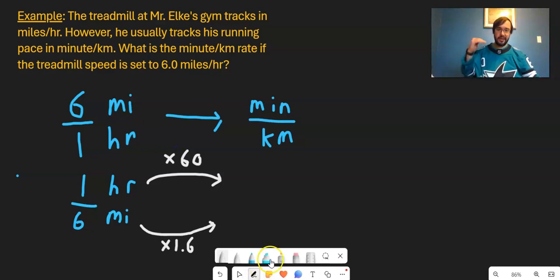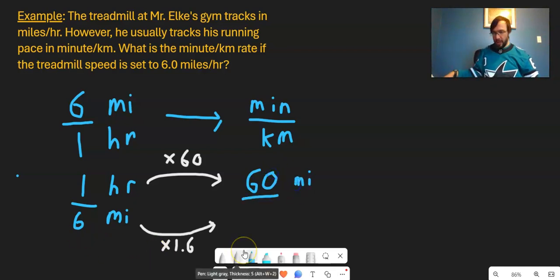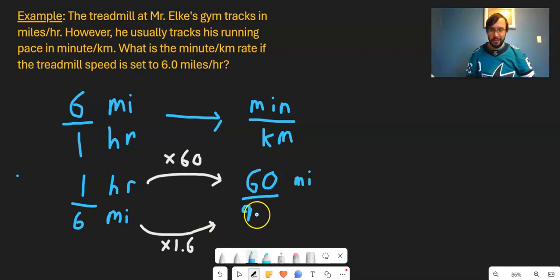So there's actually a calculation going on in both the numerator and the denominator. So 1 times 60, that'll get us 60 minutes. So pretty easy there. And then 6 times 1.6, I'm going to use my calculator for this. 9.6. Now we are not done just yet. So that should say minutes, and then kilometers in the denominator.